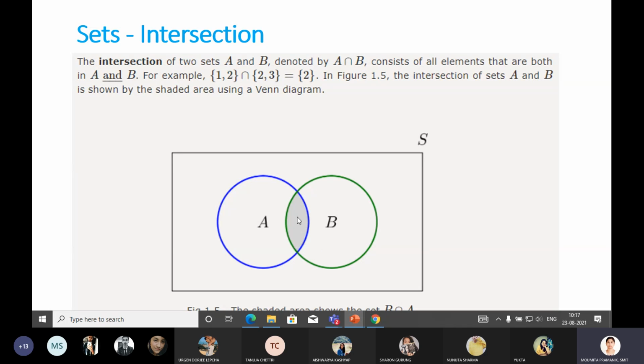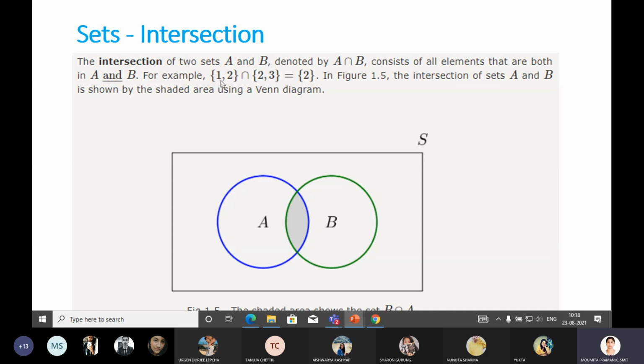The intersection of two sets A and B is denoted with this reverse U, the reverse of the union symbol, so you write A intersection B. It consists of all the elements that are in both A and B. It is not combining all the elements of A and B, but rather only the common elements that A and B have.